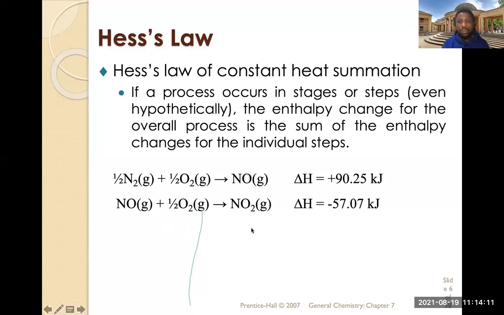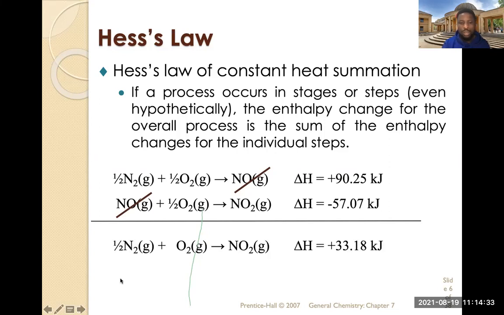So for example, the formation of NO2 takes place in 2 steps. If you remember from chemistry, in electrochemical processes, for example, we talk about half reactions. So these are the 2 steps.